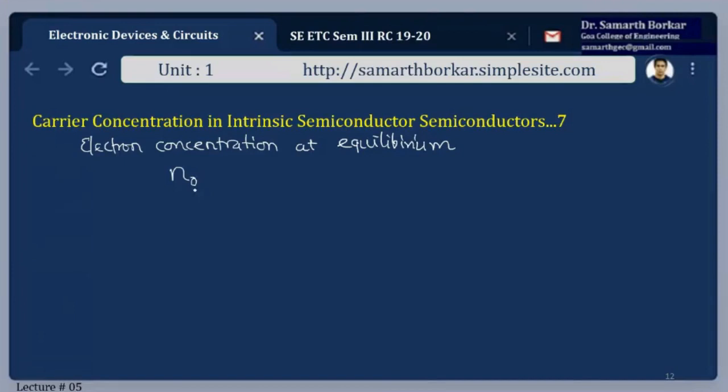N subscript O is equilibrium. Fine. It is directly proportional to F of EC, Fermi-Dirac distribution. Fine. Now we can write this as NC into F of EC. Mark this as expression 1.